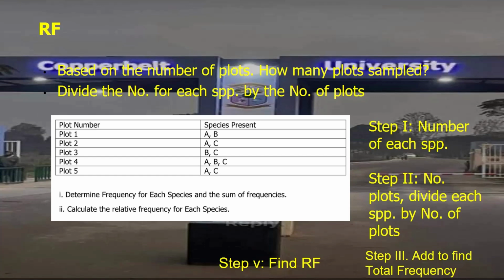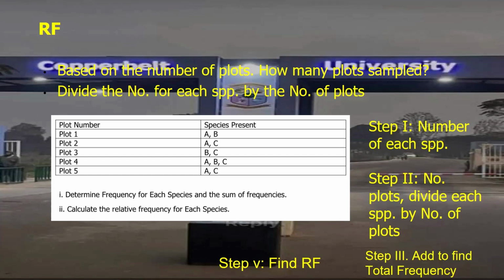36.36%. Okay, so to answer question number 2, calculate the relative frequency for each species. Therefore, the relative frequency for species A is equal to 36.36%.